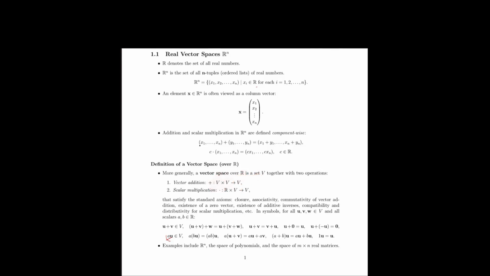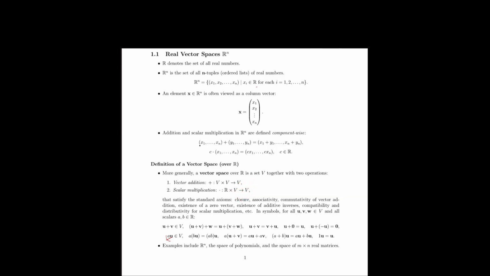If you choose any two vectors from the vector space V, then the addition of those two belongs to the set V. Scalar multiplication is the same. If you choose any vector from the vector space V and multiply it by a scalar or real number, the result would be another vector that belongs to the set V.